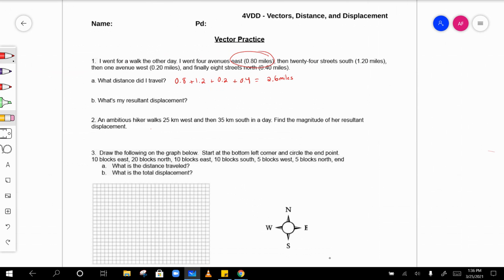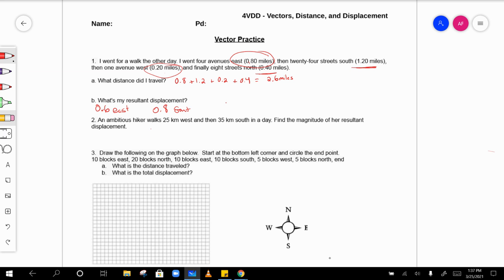We travel 0.8 east and 0.2 west, so we subtract 0.8 minus 0.2, and we get 0.6 east. Then we look at south and north: 1.2 minus 0.4, and we get 0.8 miles south.